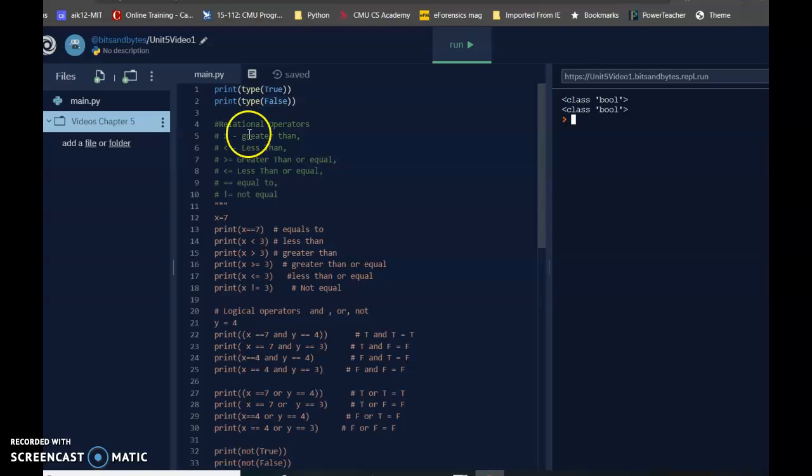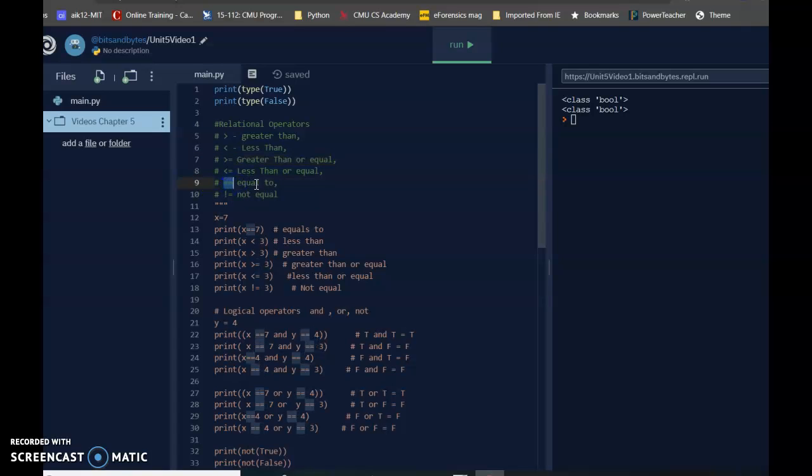Right below this, we talked about relational operators, and relational operators are similar to algebra. We have greater than, we have less than. Notice greater than or equal to is the greater than symbol with the equal symbol. In algebra, you have a line underneath it. We have less than or equal to, and that is the less than symbol with the equal symbol. And equal to, that's two equal symbols.